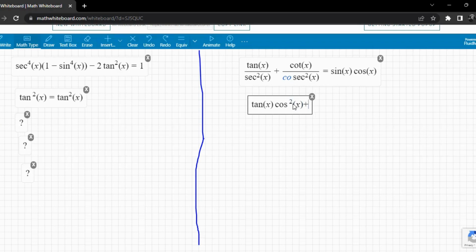Then we have over here cotangent of x times sine square x.